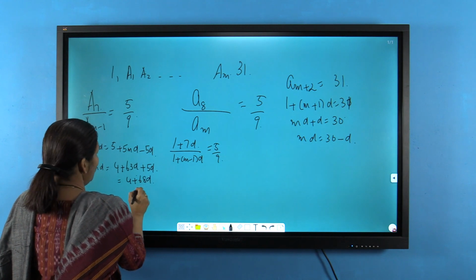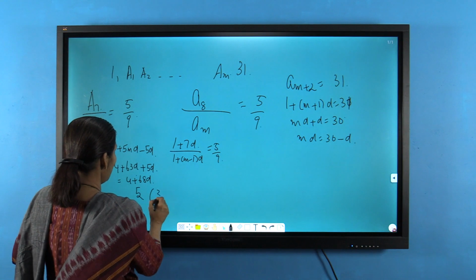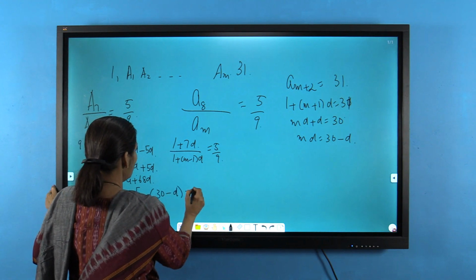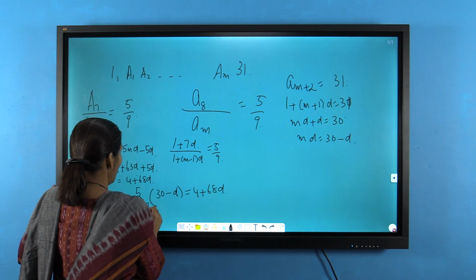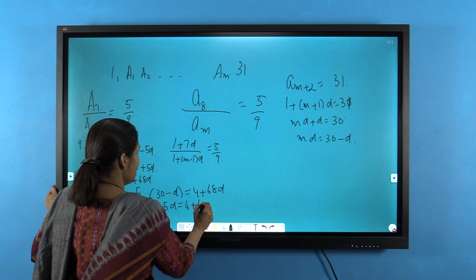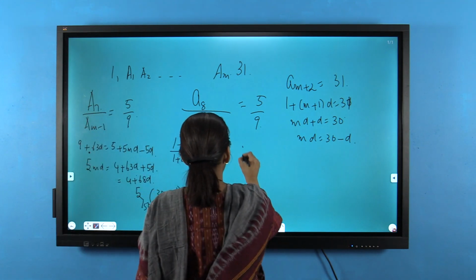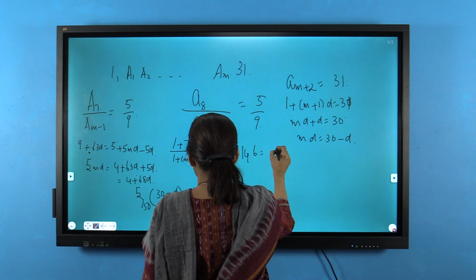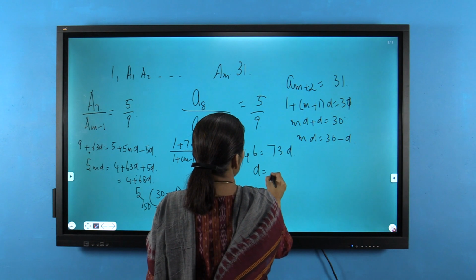Okay. So, 5 times md, which is 30 minus d, is equal to 4 plus 68d. This is 150 minus 5d is 4 plus 68d. So, you have 146 is 73d, making d as 2.